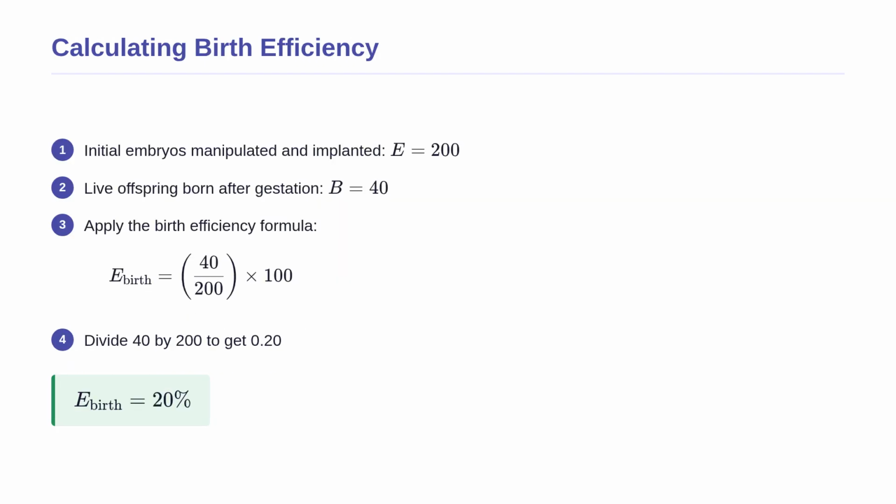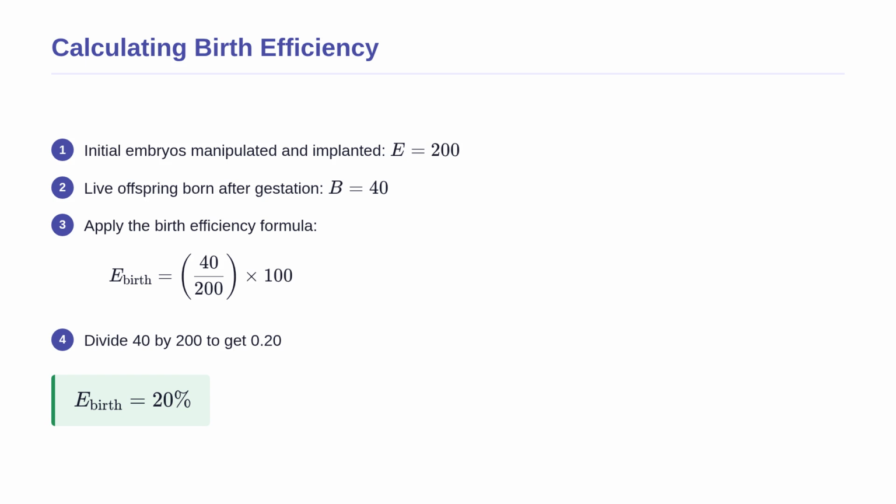Let us see this formula in action with a concrete example. Suppose a researcher uses the retroviral method on 200 embryos, which are then implanted into surrogate mothers. After the gestation period, only 40 live offspring are born. We want to find the birth efficiency.